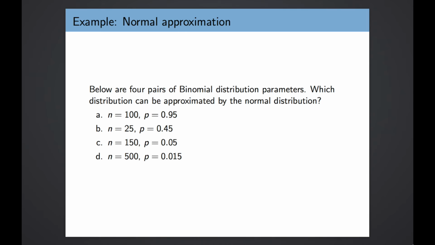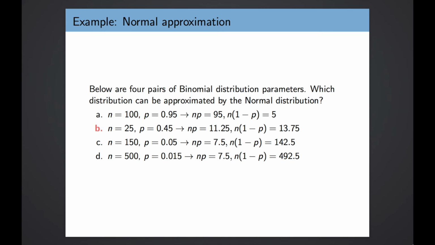So here are a couple different sets of binomial parameters. For which of these could we use the normal distribution to approximate the binomial distribution? In which of these cases is np greater than 10 and n times 1 minus p greater than 10? You'll find that only in case B do these conditions hold. In case A, n times 1 minus p is only 5.